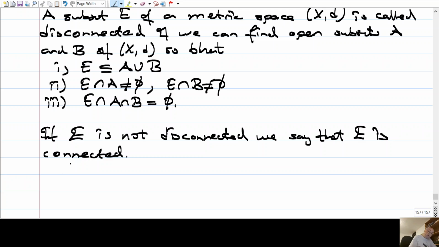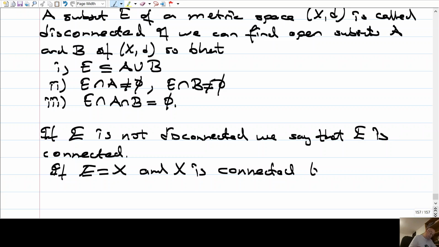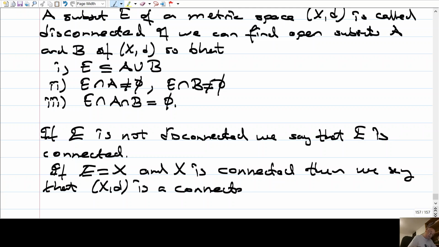If we take E to be X, and X is connected, then we say that X is a connected metric space.